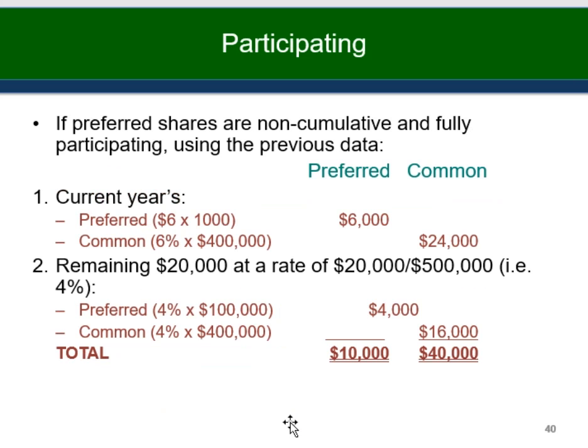So if the preferred shares are non-cumulative and fully participating, using the same data that we had before, we use the relative value of the shares to determine their entitlement to participate in income above the entitlements for dividends. So the current year's preferred dividend is $6,000, and the current year common dividend is at the same rate, 6% of the $400,000 of value.